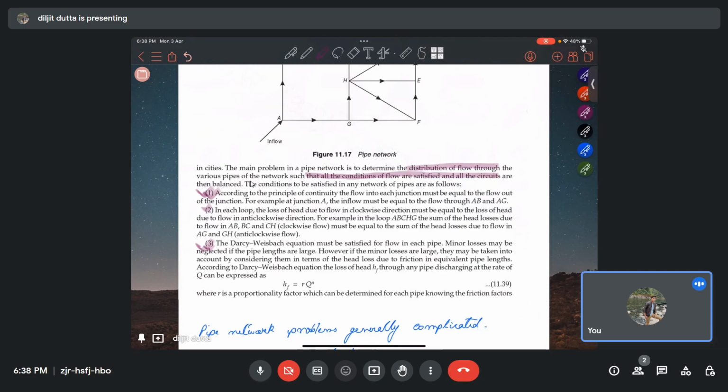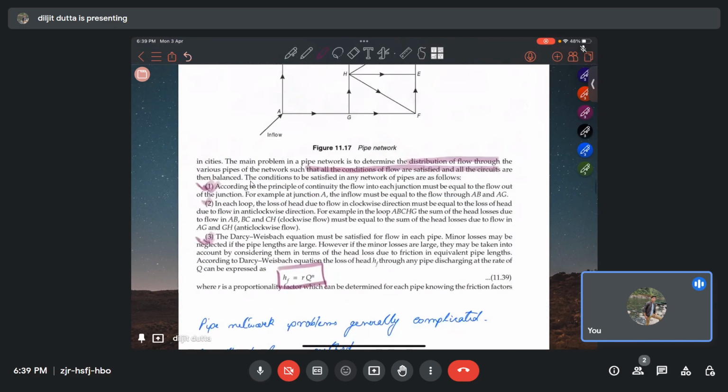So the head loss can be related to the discharge Q as R into Q to the power n, where n is equal to 2 for the Darcy-Weisbach equation, and R is the constant term, the proportionality factor, that is fL by 2gD, so that depends on the length and diameter of the pipe.